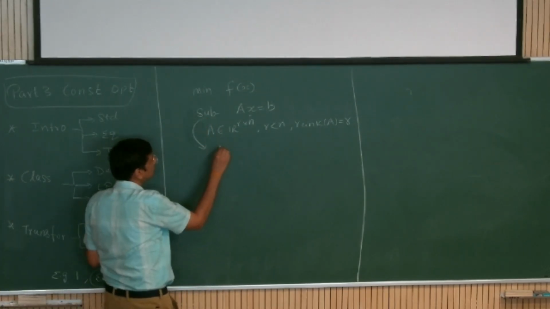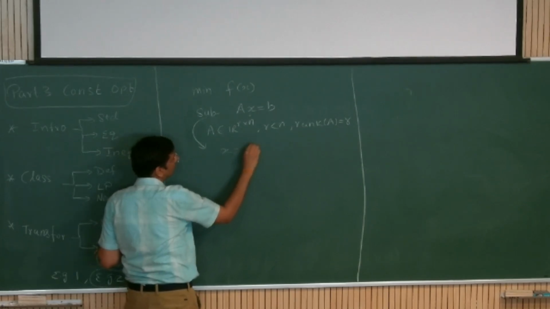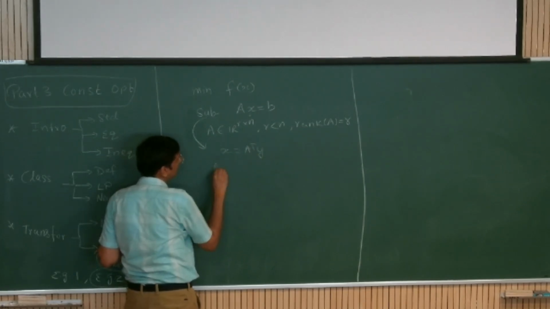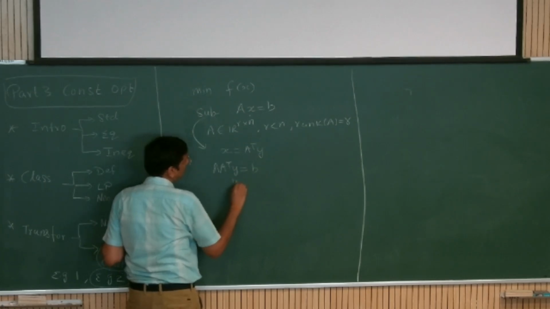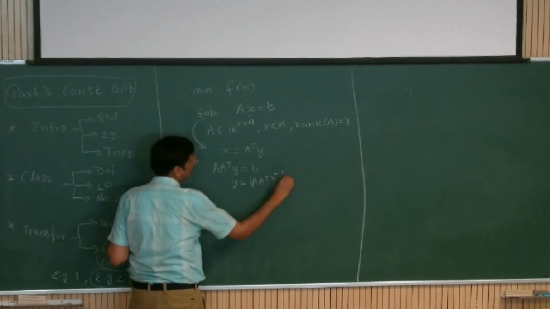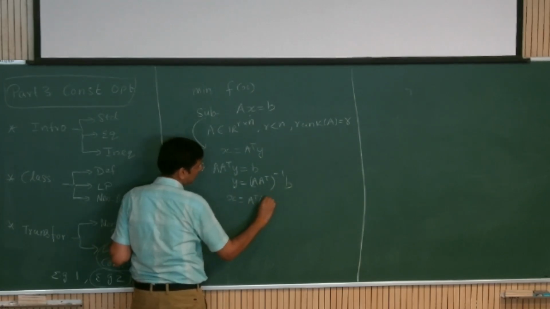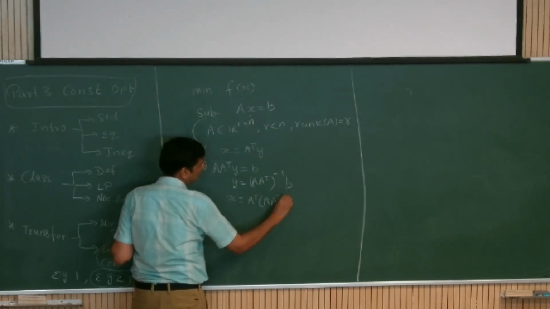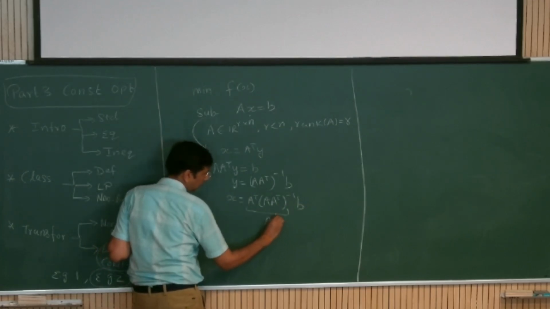We said let x be equal to A transpose Y. Then A A transpose Y is equal to b, Y is equal to (A A transpose) inverse times b, assuming this is invertible. So x is A transpose (A A transpose) inverse b. This was called the pseudo inverse.